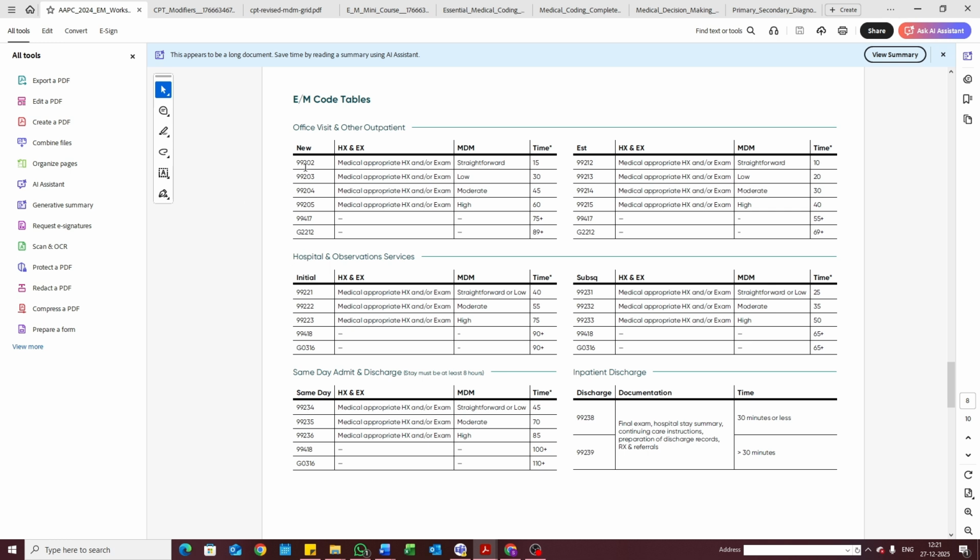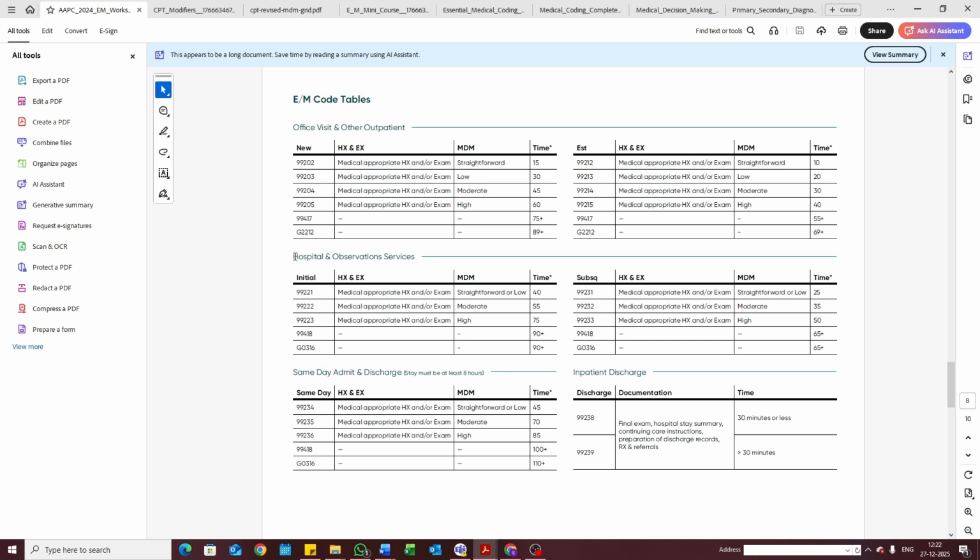Obviously, 99202 is straightforward MDM, time is 15; 99203 is low MDM, time is 30; 99204 is moderate, 99205 is high, time is 60 minutes. If time is 17 plus 5 minutes, we can go with prolonged service.